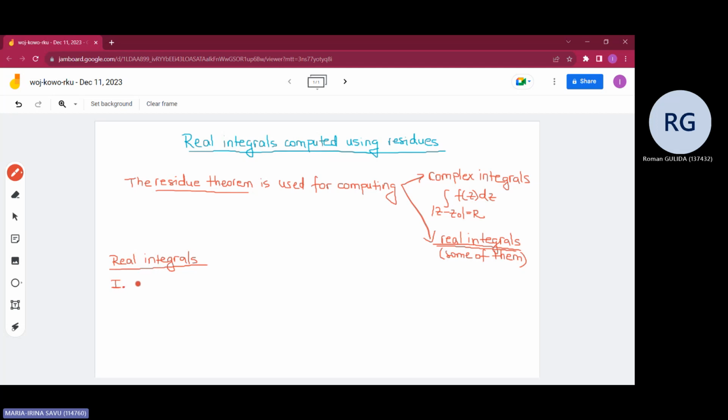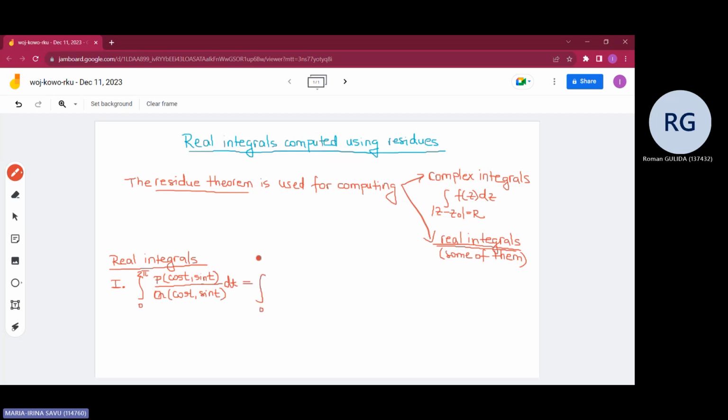The first type is represented by the integrals from 0 to 2 pi of a function given as an expression depending on cosine of t and sine of t, P of cosine t, sine t over Q of cosine t, sine t, dt.